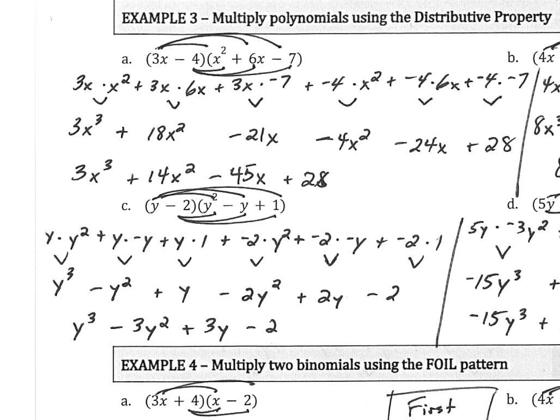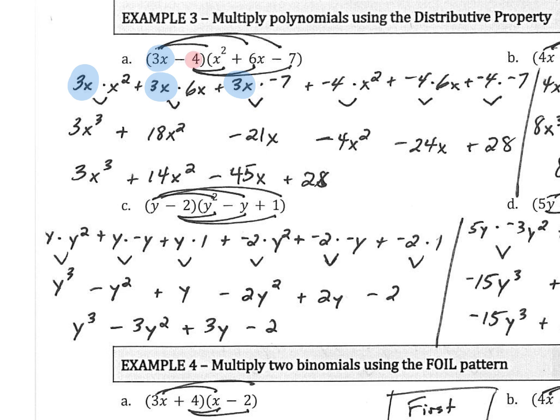So what's going on here, if you look at the very start of the problem, is we need to multiply this first term of 3x times each term in the next set of parentheses. So you can see the arrows on top. So we need to do 3x times x squared, 3x times 6x, and 3x times negative 7.